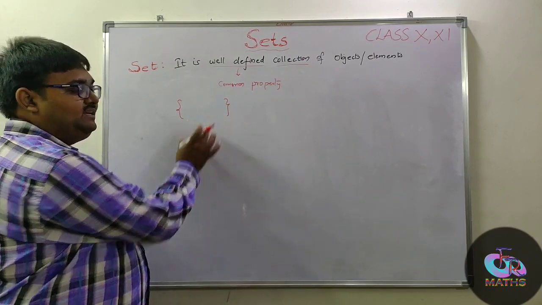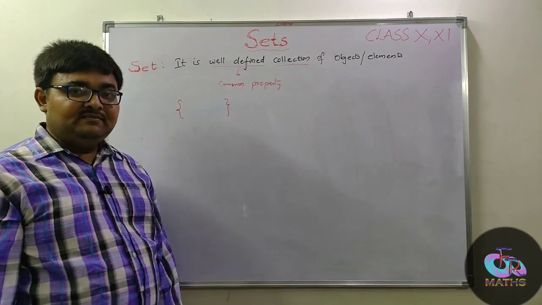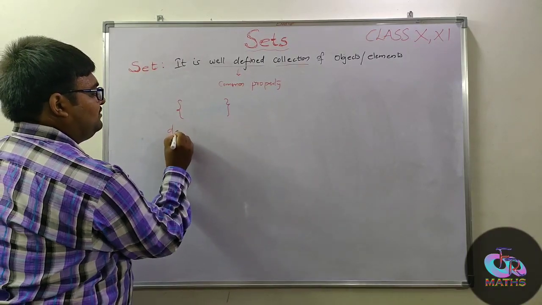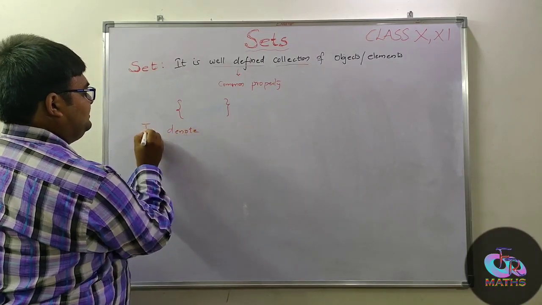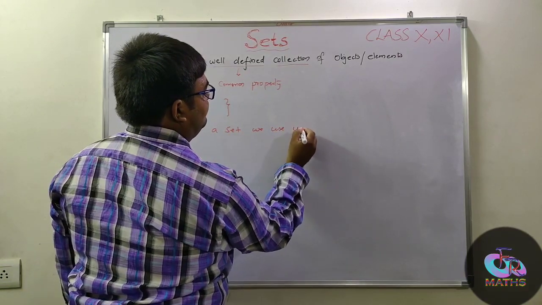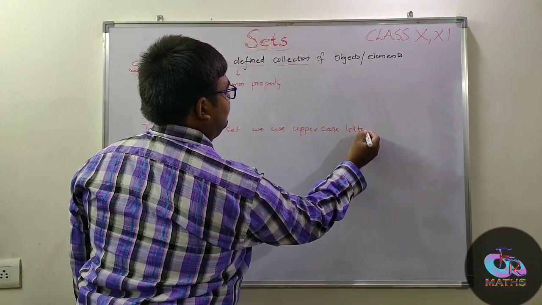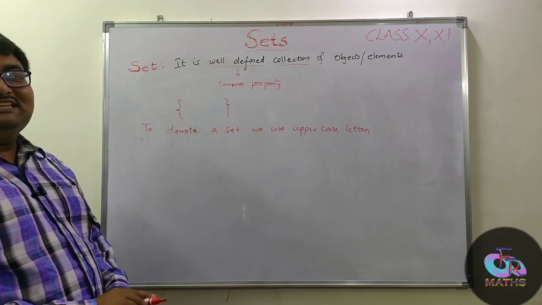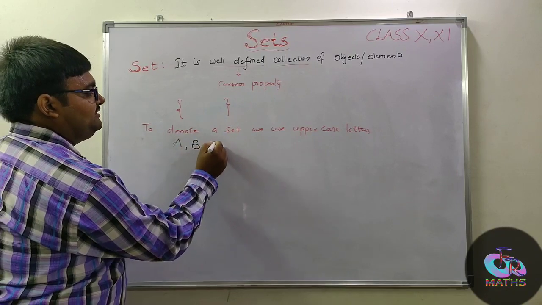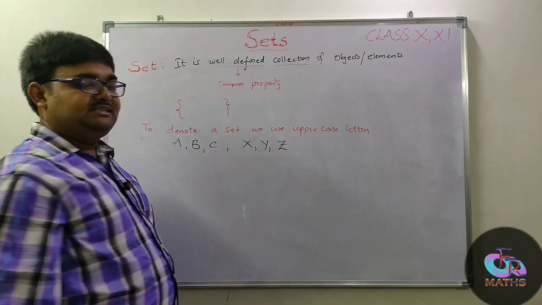These elements will be placed inside this set, and to denote a set we use uppercase letters. Uppercase letters means simply capital A, capital B, capital C, or X, Y and Z.